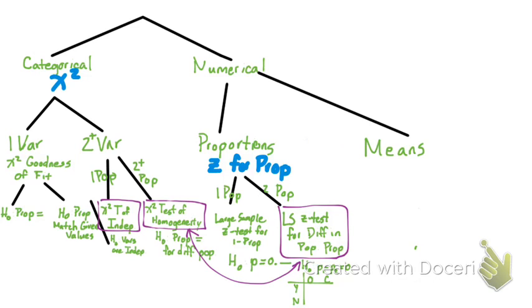When I'm dealing with means, it can be a z-test or a t-test. It's usually a t-test unless you know sigma, then it's z.